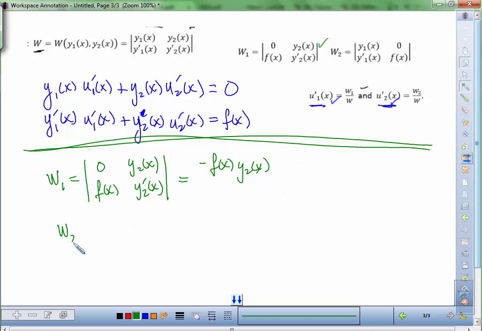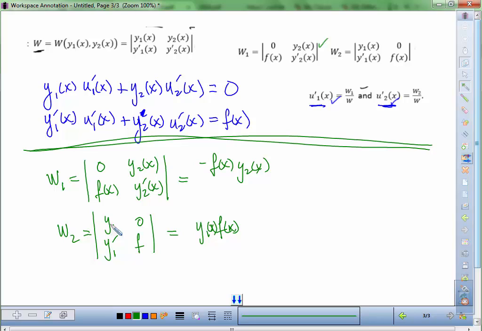And then W2 is always going to be y1 times f of x, positive, and then the other part is 0. So it looks like it's going to be like this all the time. So instead of trying to remember the Wronskian, which was convenient for us, right?